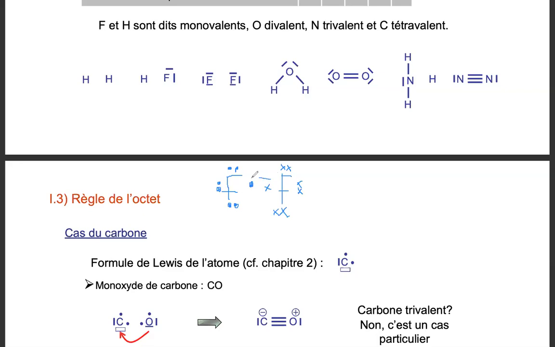At the end of the day, you're going to have the sharing of these 2 electrons. When you count, you guys have done this before, it's just a review. When you count, you say 1, 2, 3, 4, 5, 6, 7, 8.